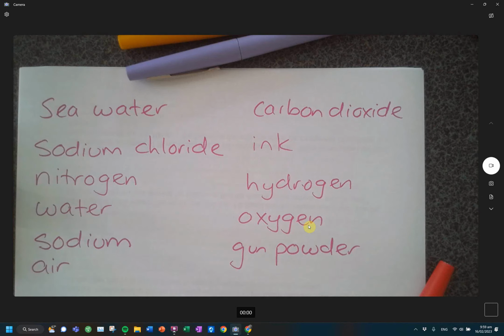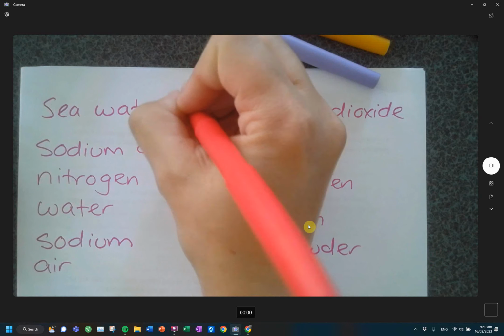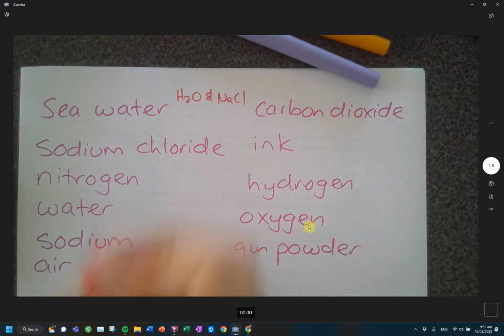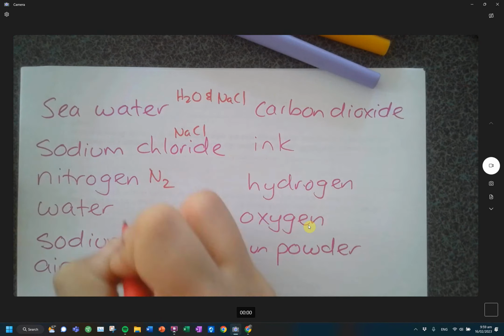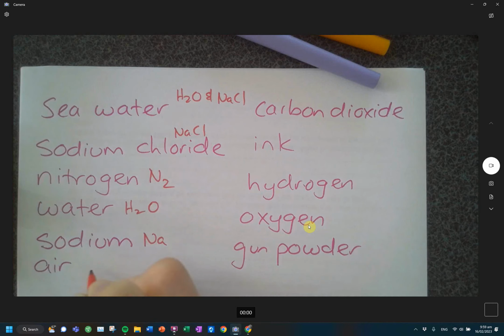Just trying to figure out how to do that. Seawater, we're just going to assume that it's the basic one, sodium chloride. Nitrogen, water. Air is a mixture of stuff.